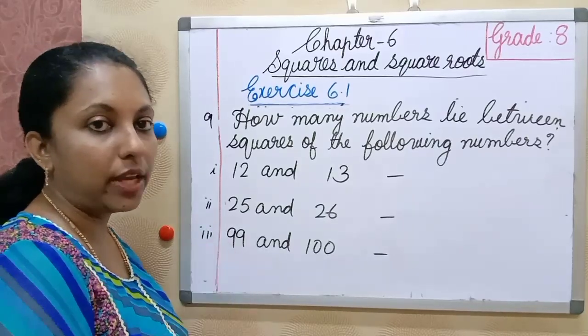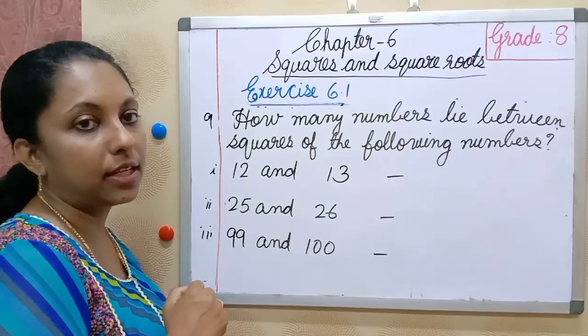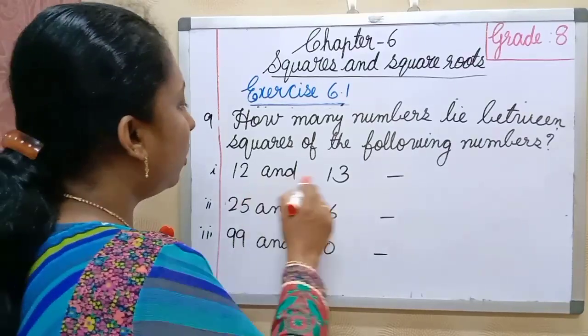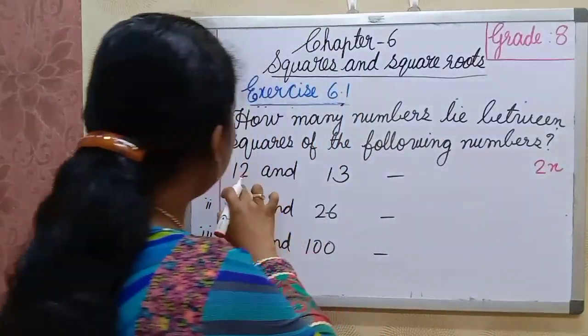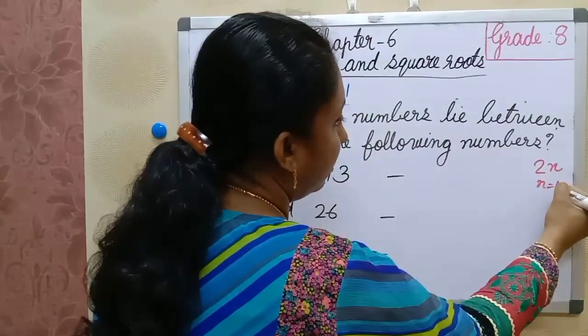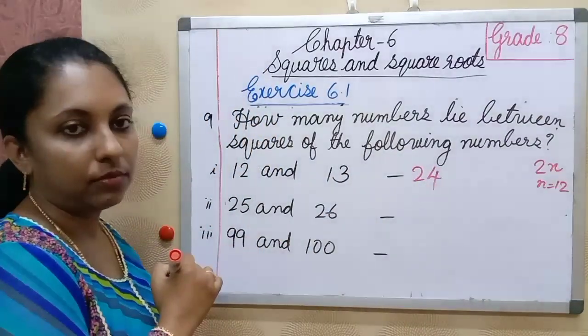There are 2n natural numbers between the two perfect squares. 2n is the equation. So first one n is 12. So 2 into 12, 24.